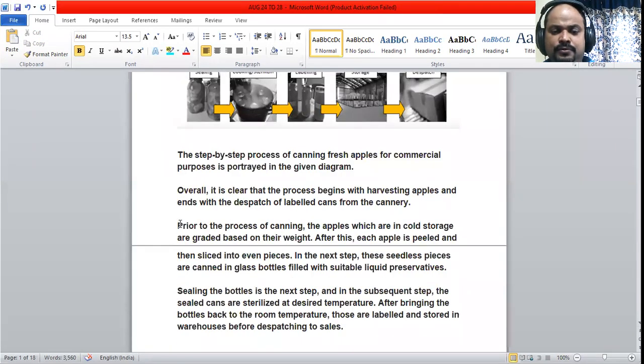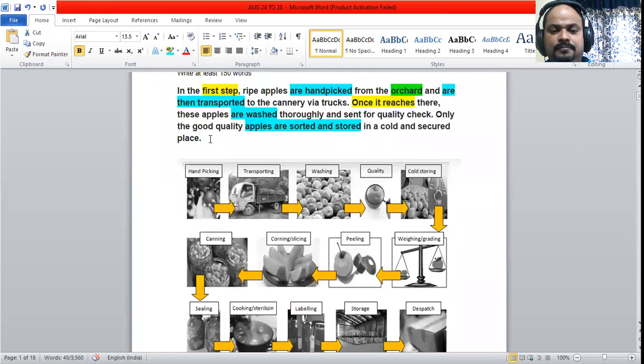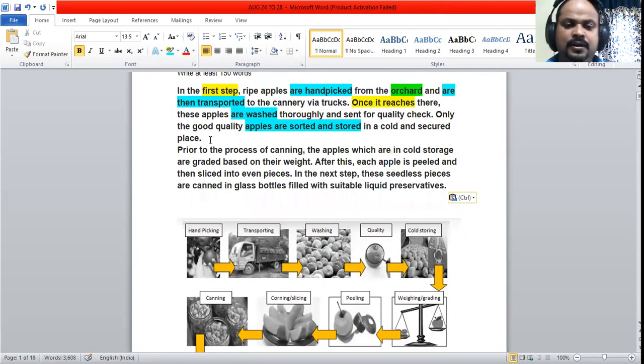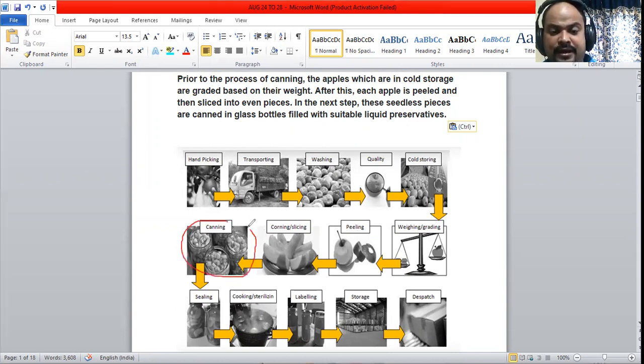Now I have to move to the second paragraph. Prior to the process of canning, before canning, the apples which are in the cold storage are graded based on their weight.